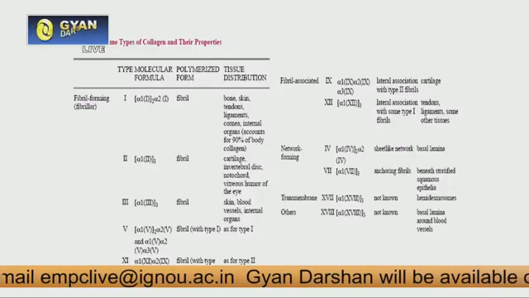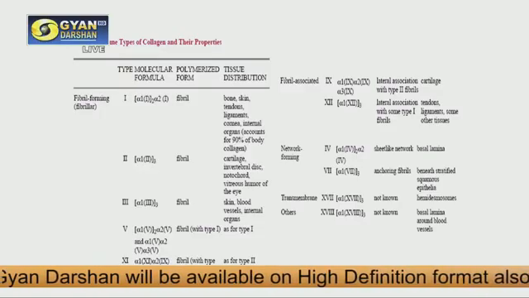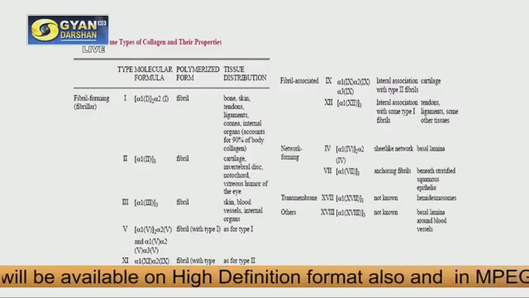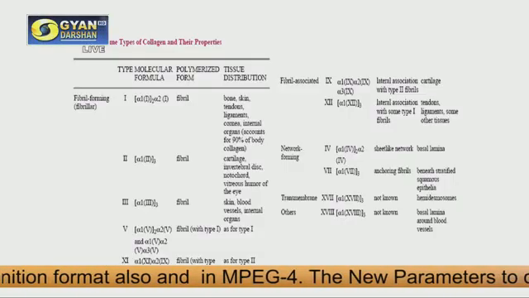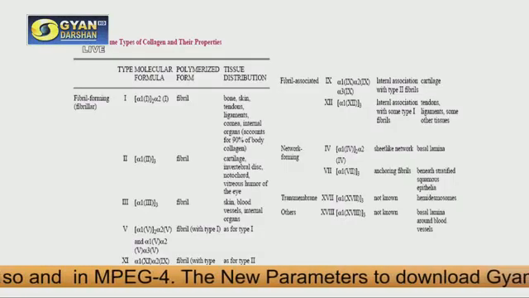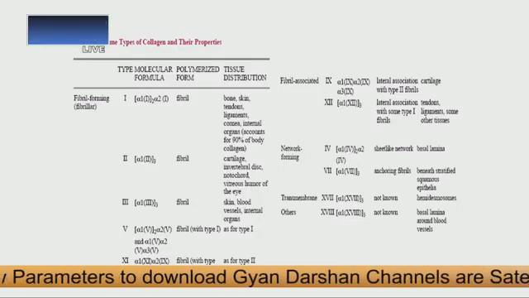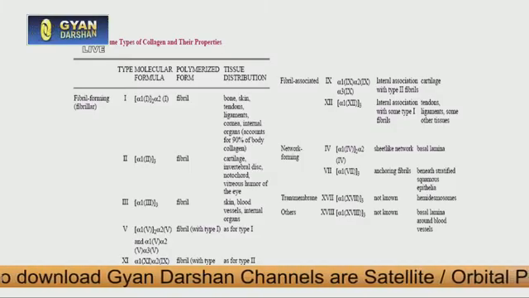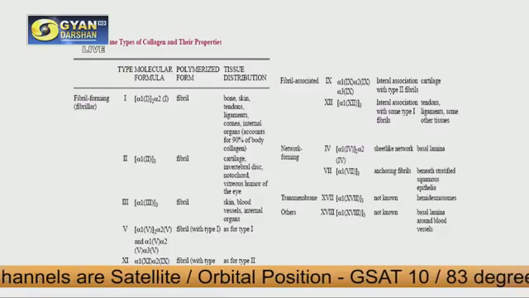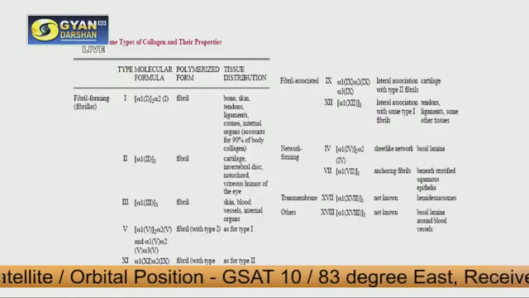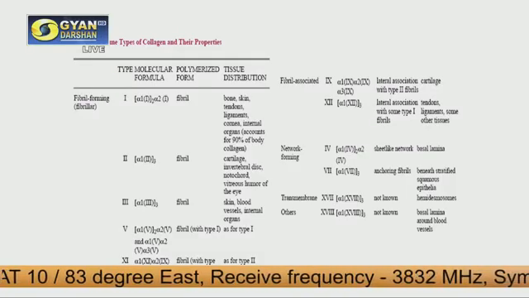Collagen is divided into different types: type 1, type 2, type 3, type 5, type 11. These are all fibrillar collagen. Then fibril associated collagen, type 9 and type 12. Network forming collagen, that is type 4 and type 7. Transmembrane collagen, that is type 17, and others, that is type 18.